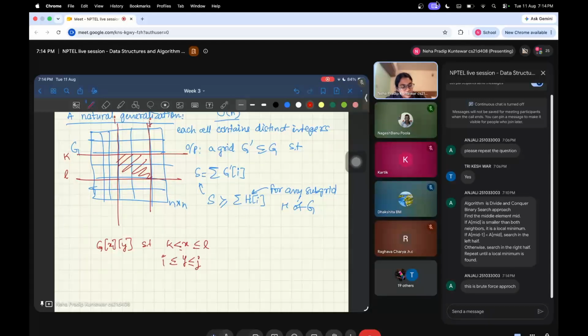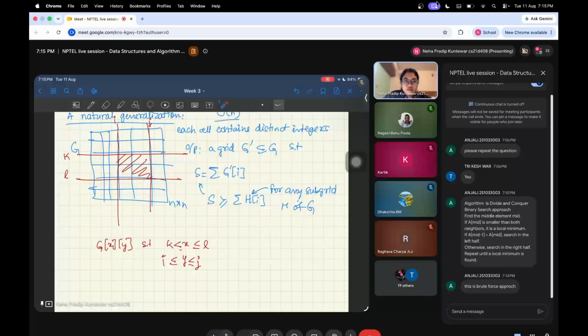So whatever is the intersection will give you the grid.